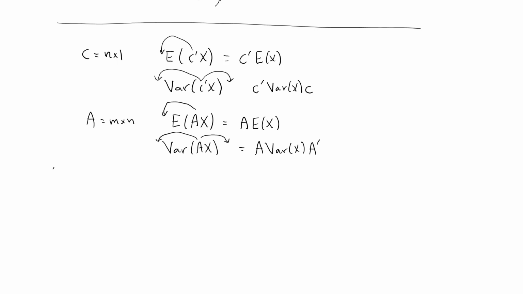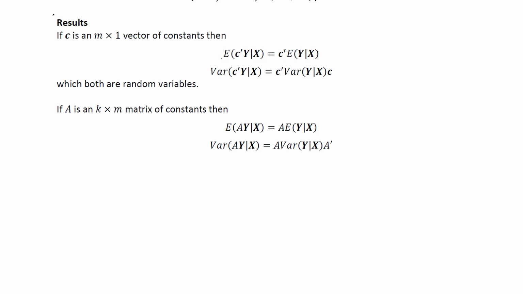We have seen previously that these results work for conditional expectations and conditional variances as well when we deal with random variables, and they will also work in the case when we deal with random vectors. So these are the results. The conditional expectation of this linear function c prime y given x, just take the c prime outside.